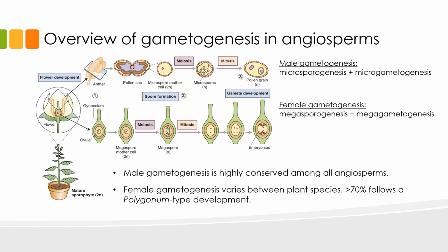Since pollen grains are produced in higher numbers, there are far more specimens that can be examined. Secondly, pollen grains are released from the anthers, so it is easy to isolate and study them. In contrast, to get an embryo sac from a flower, you first have to dissect the flower and then remove the ovule tissue to isolate the embryo sac.